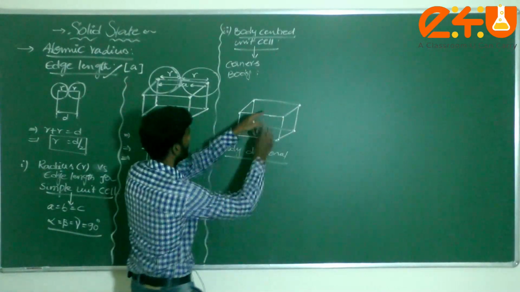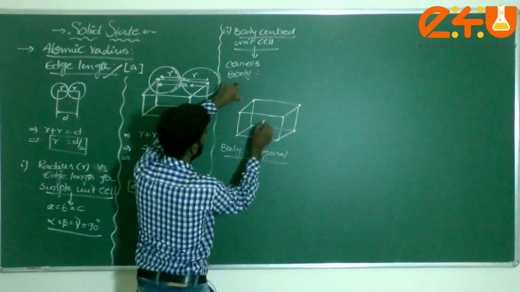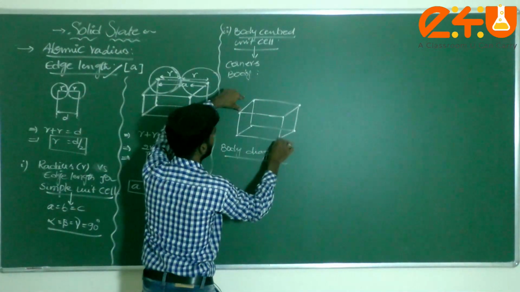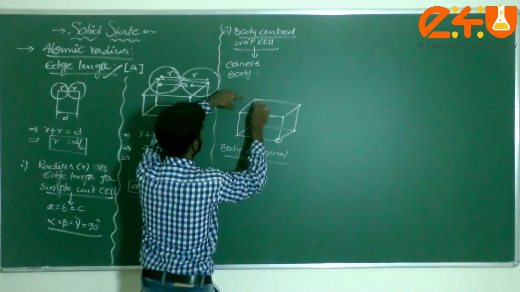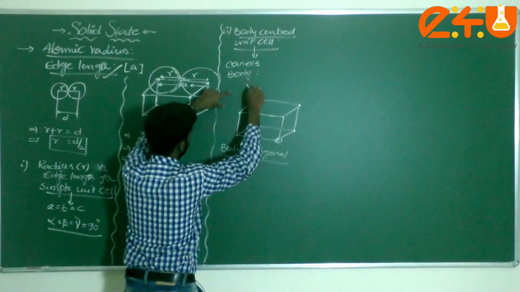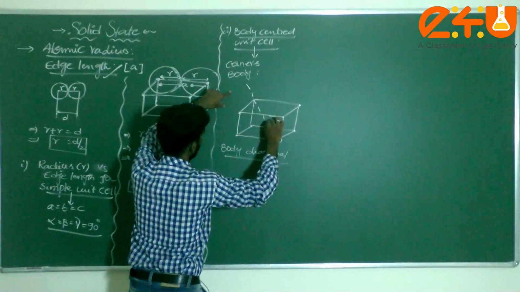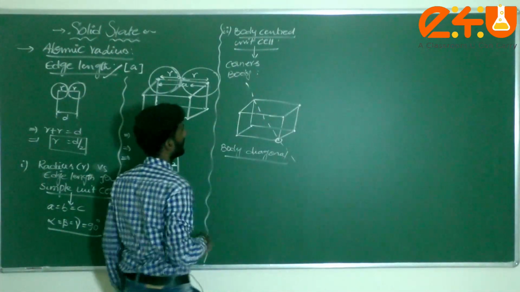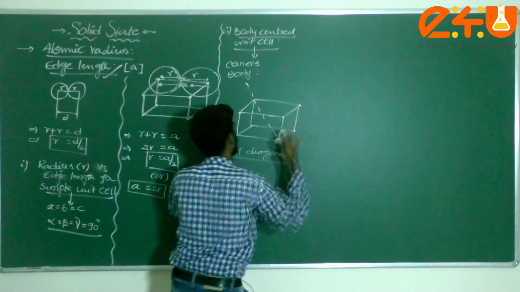Now I am considering the body center. How many? Only one body center in a particular cell. This is the body diagonal, or else you can consider this is also a body diagonal.